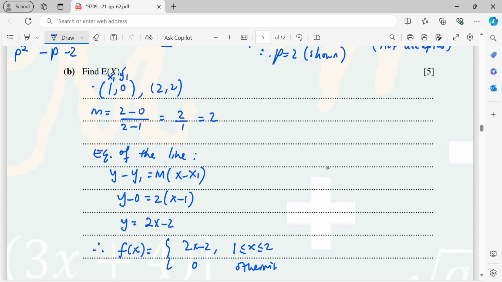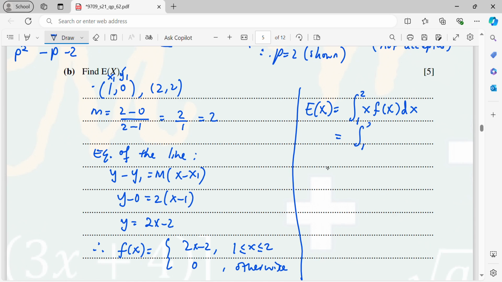This will be your PDF, probability density function. So now to get the E(X), I will just use the definition. This is the integral of x f(x) dx from the limits 1 to 2, because x is defined from 1 to 2. So now here, I will just write the integral from 1 to 2 of x times (2x minus 2).